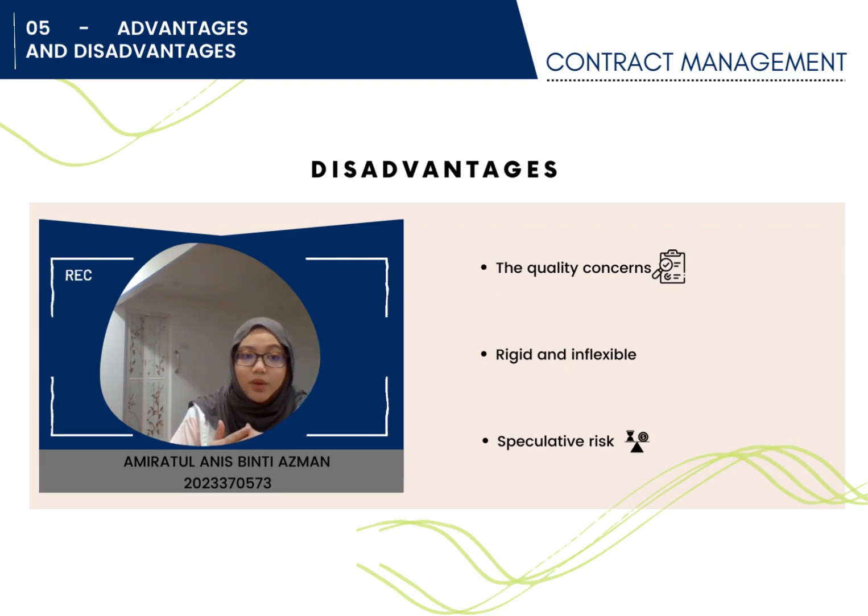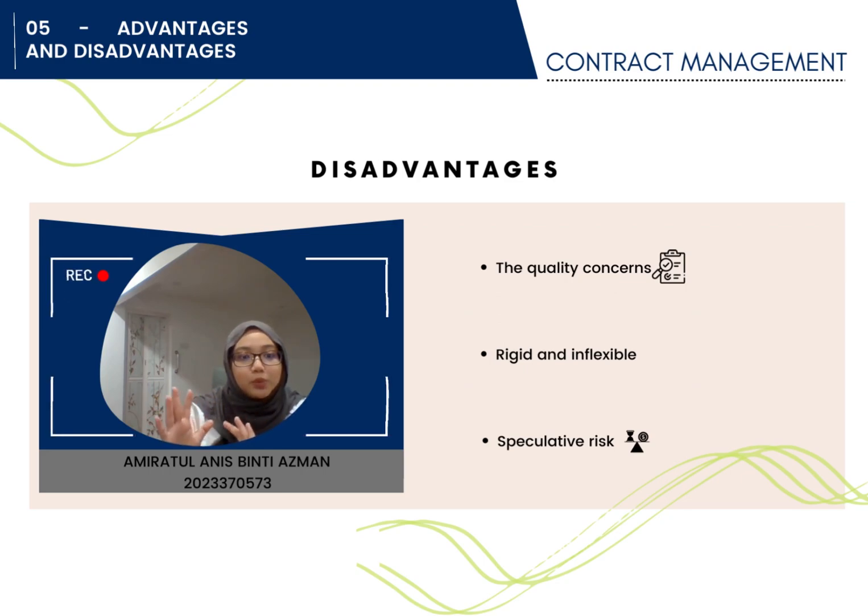The last one of the disadvantages of the design and build procurement method is the speculative risk. The term speculative risk is described as coincidental, that due to some reason beyond their control, the owner may not obtain the final product that they were hoping for, either in terms of the quality or the usefulness.